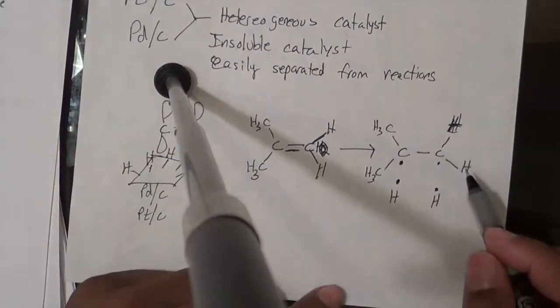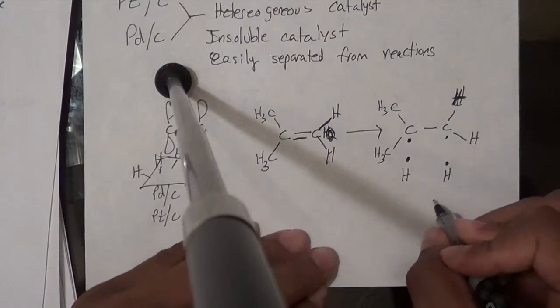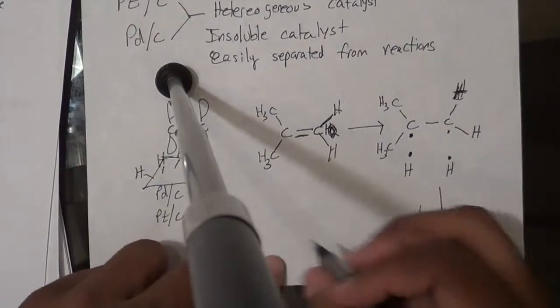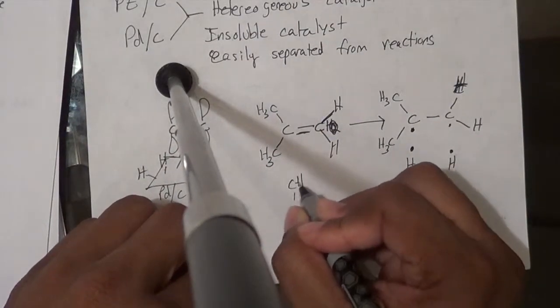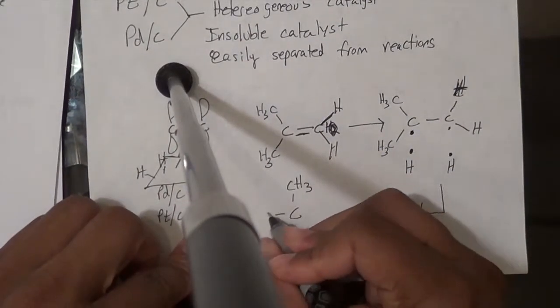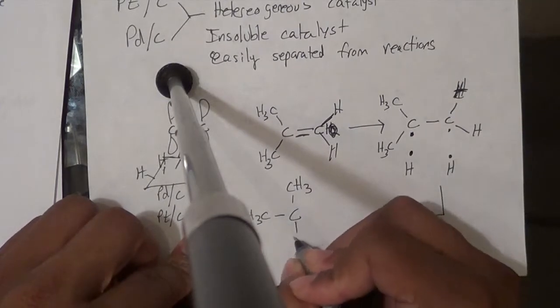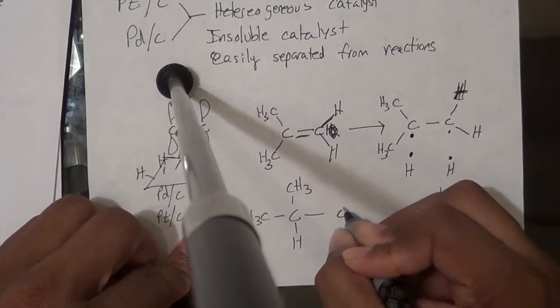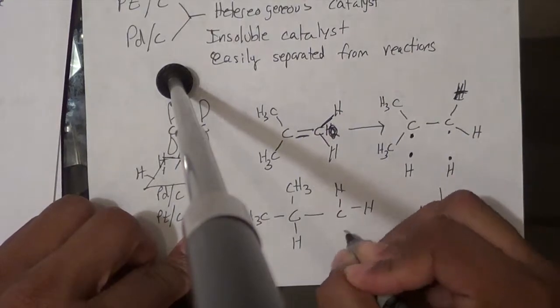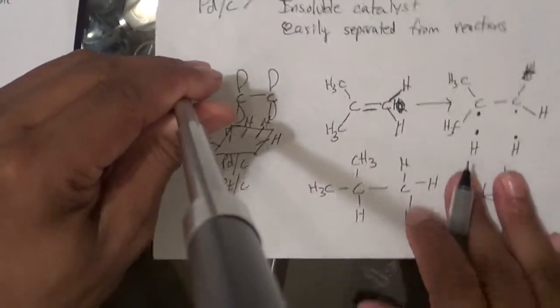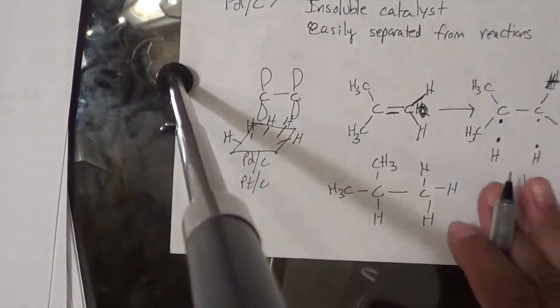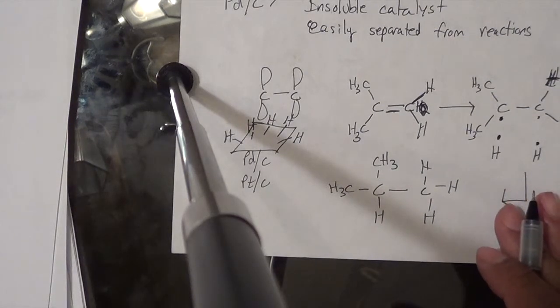It aligns itself with those carbons, and therefore it gives us our product, which would be C. So that's catalytic hydrogenation of a double bond.